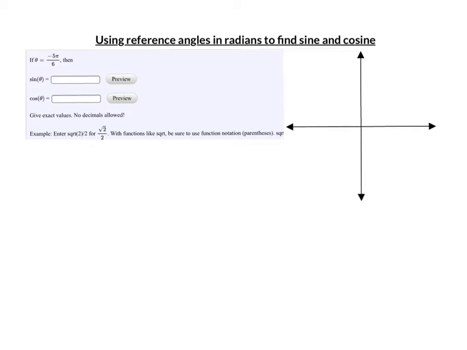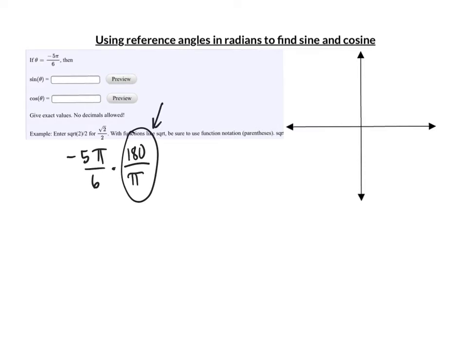So I'm going to take negative 5 pi over 6, which is in radians, and I'm going to multiply by 1. Now, my 1 has to cancel out the pi. I want to convert this to degrees. So what I know, my 1, it's going to be a funny looking one, is that pi radians is equal to 180 degrees.